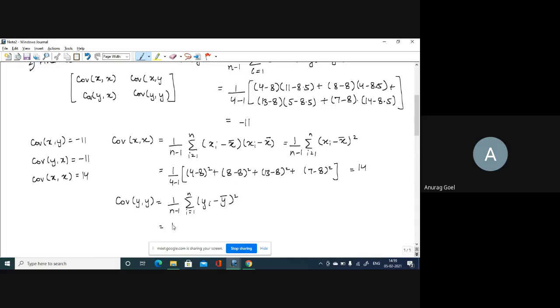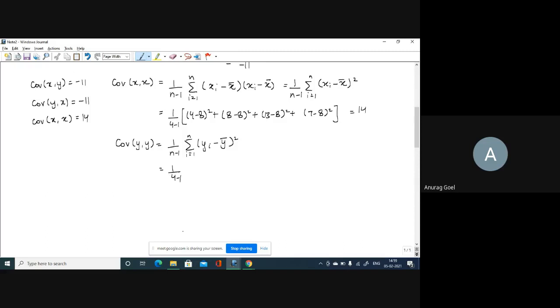It would be 1 by 4 minus 1 into 11 minus 8.5 square plus 4 minus 8.5 square plus 5 minus 8.5 square plus 14 minus 8.5 square.